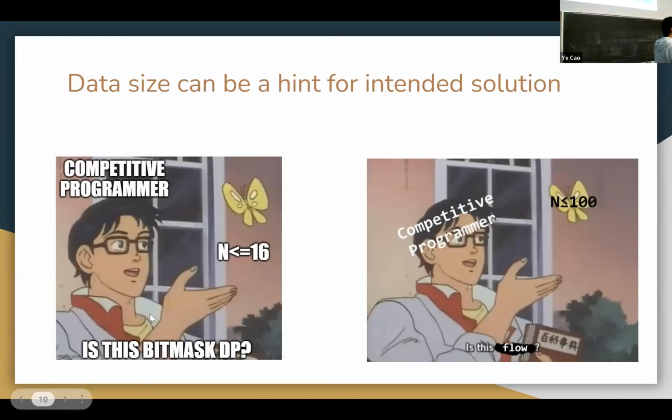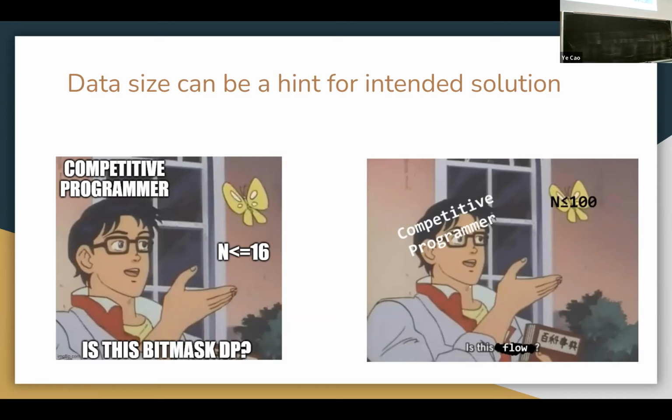Here are two memes. The size limit on the data isn't just telling you the worst algorithm you can have. It is often a hint for the intended complexity for the solution. For example, when we see n less than or equal to 16, to an untrained eye, that's just n less than or equal to 16.